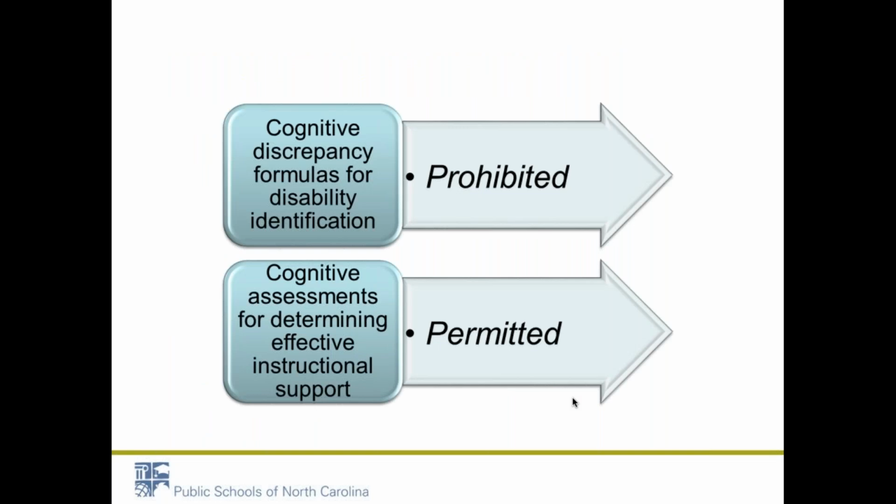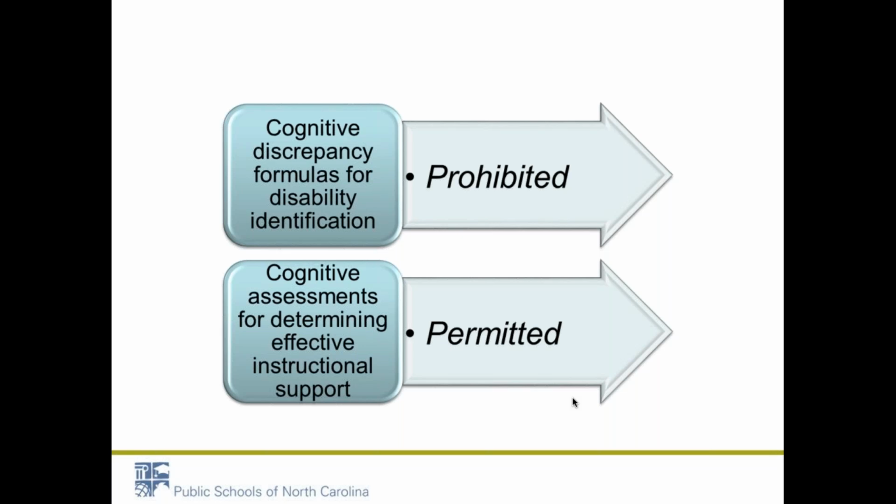So to make sure everyone's clear, the prohibiting of the cognitive piece is because we are moving away from cognitive discrepancy formulas being used for identification. That will be prohibited, effective, and fully implemented July 1, 2020.